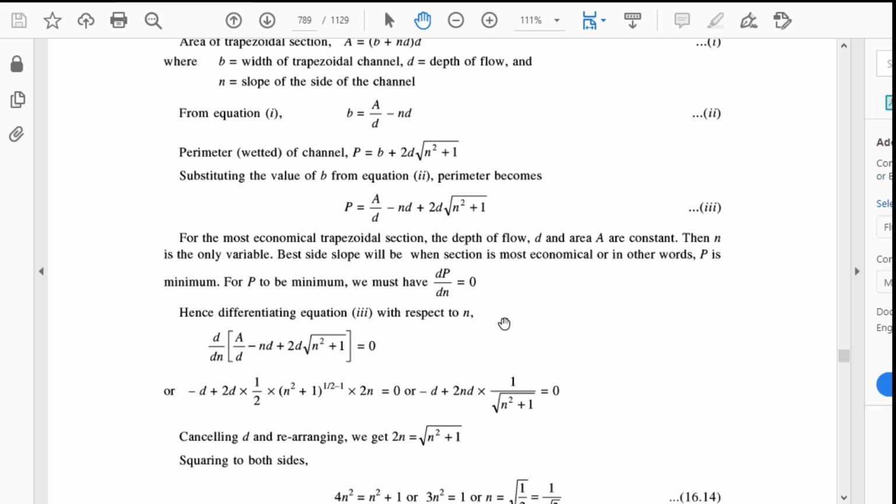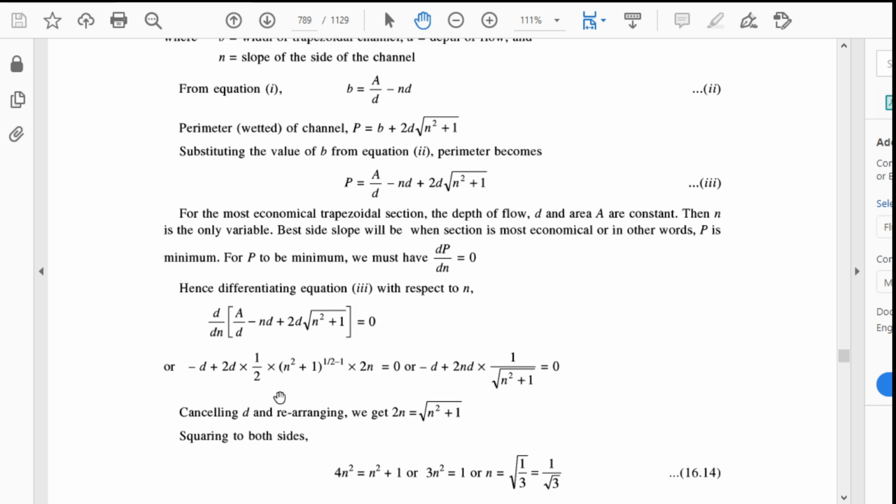Now as we have this condition, we can differentiate this wetted perimeter with respect to n. So dP by dn should be equal to 0.